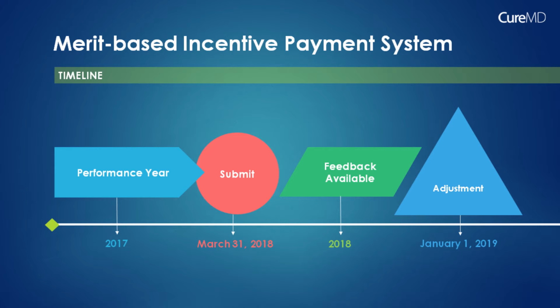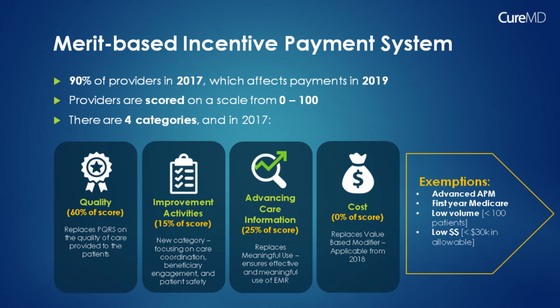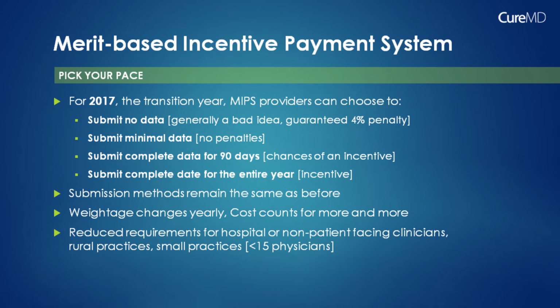They're going to process that information, come up with the results, and provide feedback. And all the payments that you start receiving starting January 1st, 2019, they're going to have that adjustment applied, whether positive or negative, to your base Medicare fee, and that's going to be caused by the performance that you have next year. So it really begins right away.